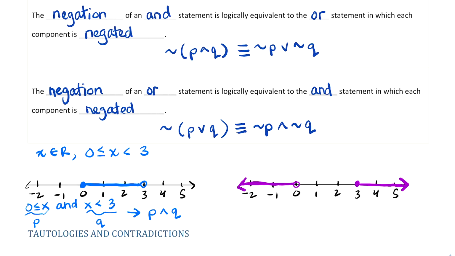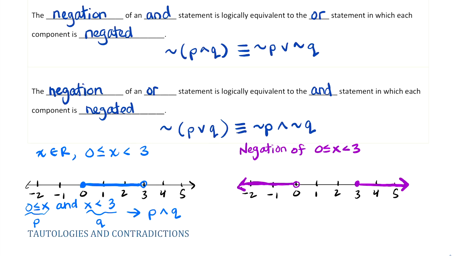So, okay, well, this is the negation of 0 less than or equal to x less than 3. So what would that mean?